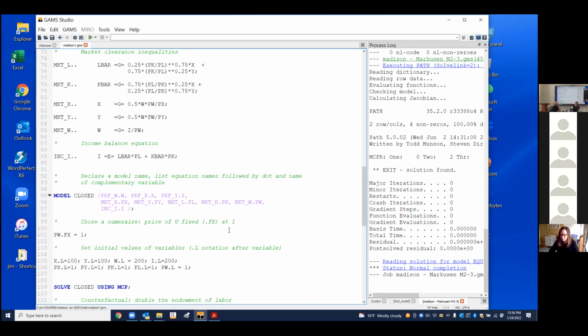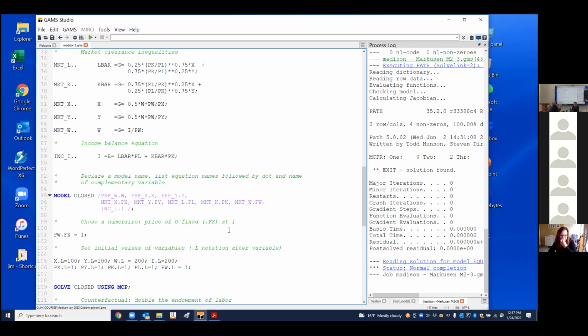When you have multiple households or countries, you can't do that, but you can rescale after the solution. .fx is the GAMS notation for fixing a variable, and I want to emphasize that's different from .l. .l just sets the initial value, but .fx fixes it. Assigning pw.fx equals 1 is shorthand for saying pw.lo equals 1, pw.up equals 1.